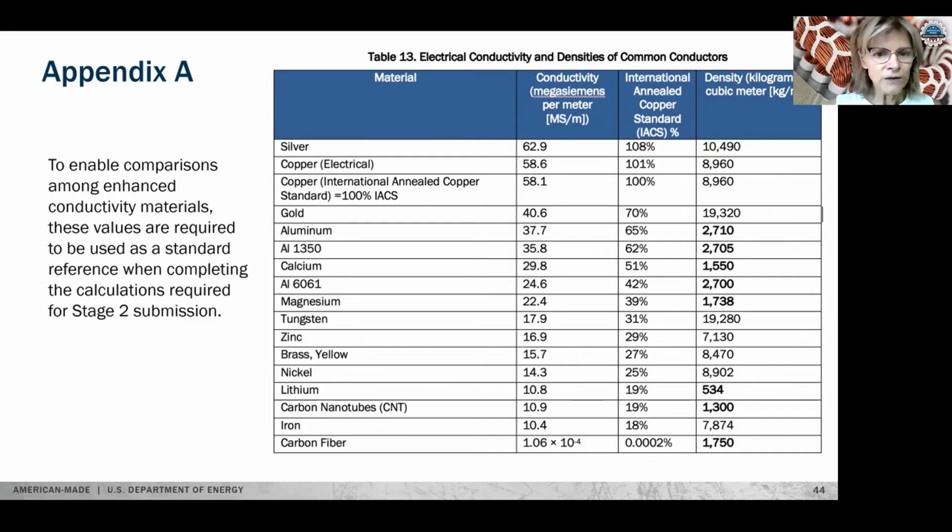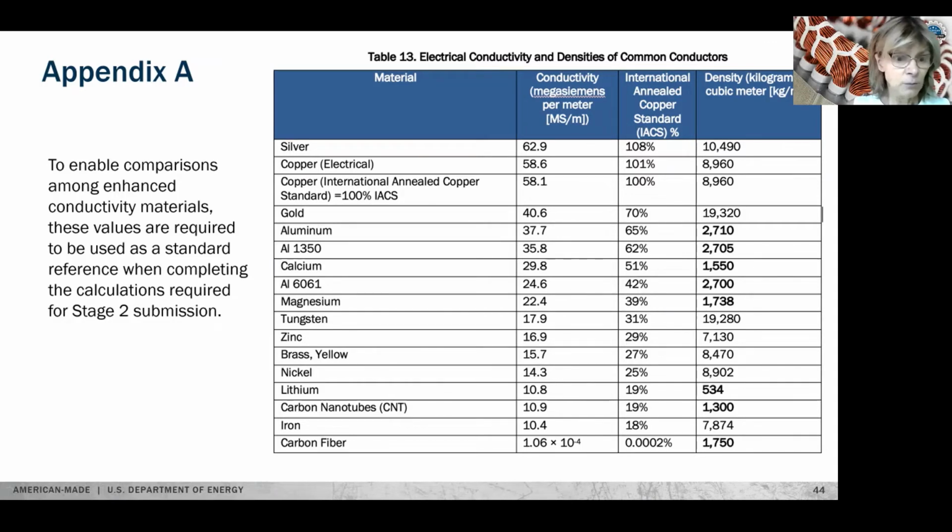And also, we use both megasiemens per meter and the International Annealed Copper Standard, or IACS, which was set in 1913 as 100% IACS equals 58.1 megasiemens per meter at room temperature of 20 degrees. By comparison, the conductivity of aluminum alloy conductor used widely in electrical applications, or aluminum 1350, is about 62%.